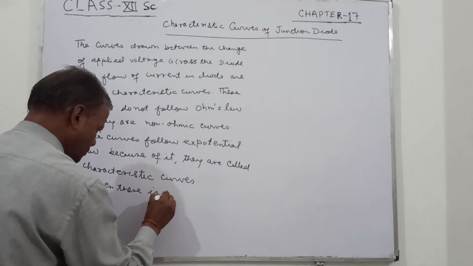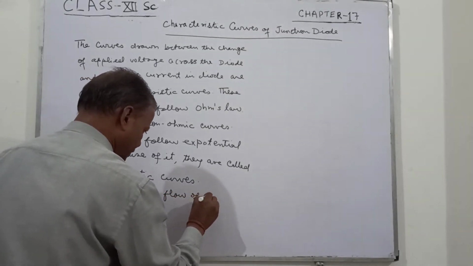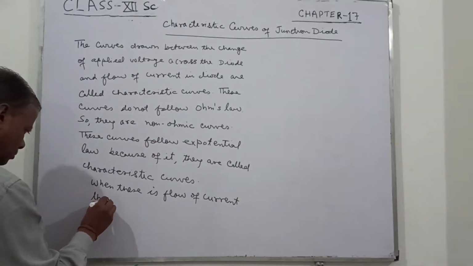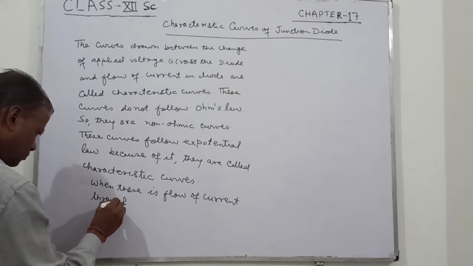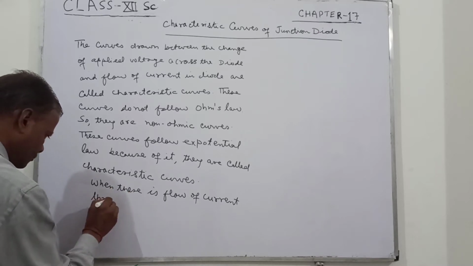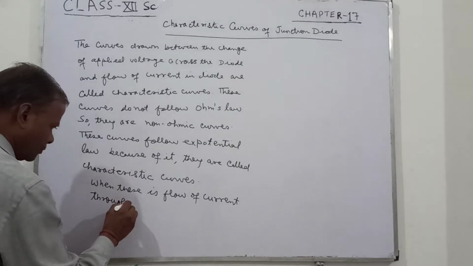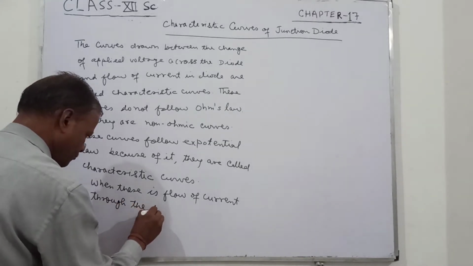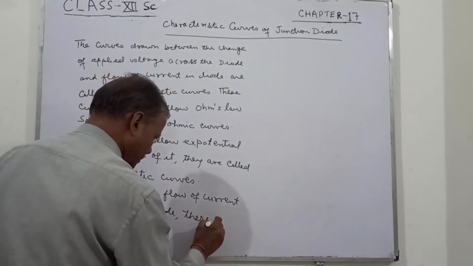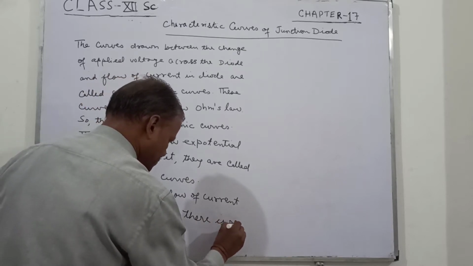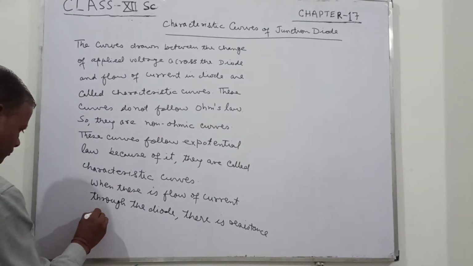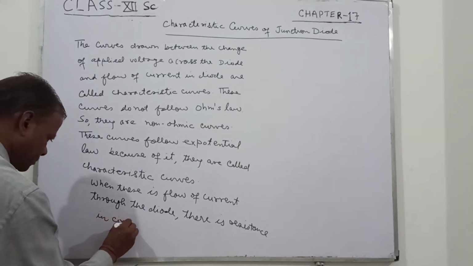When there is flow of current through the diode, there is resistance in the circuit.